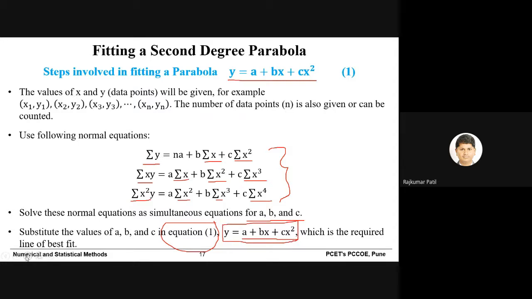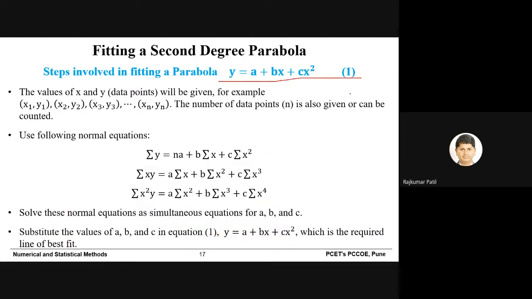So this is how we solve the problem. So second degree parabola equation will be given to you. Data will be given to you. From data you can calculate how many data points are there. That will be n. Then in the equation three unknowns, so you need to write three equations. Once you write three equations, calculate the summation part.